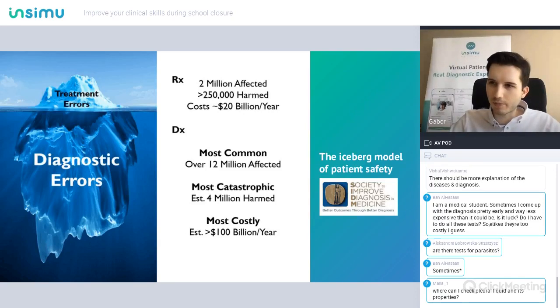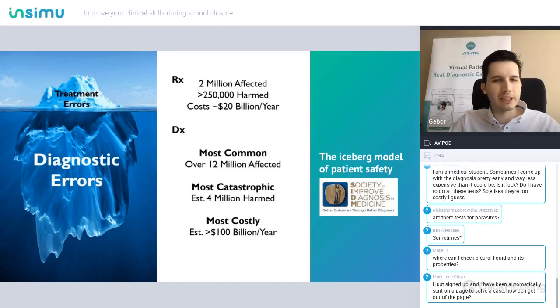It is because that is maybe the most difficult thing to practice and to gain experience in. About treatments, you can read about them, and you can anytime do a quick search on what the right treatment for your patient would be to follow the guidelines.